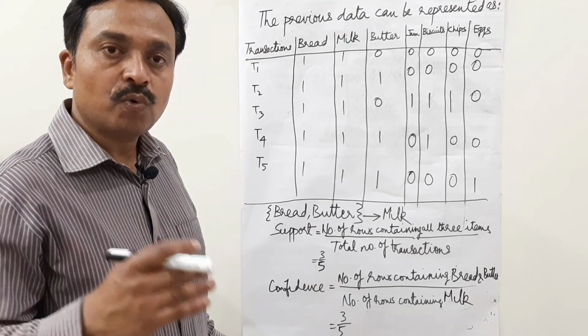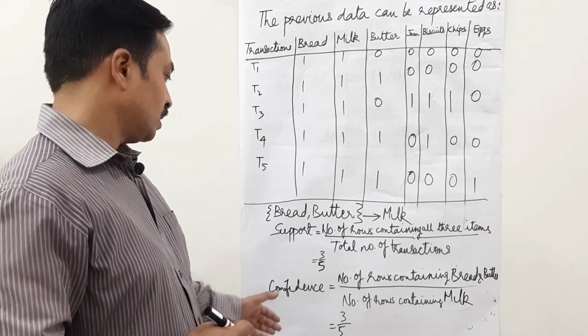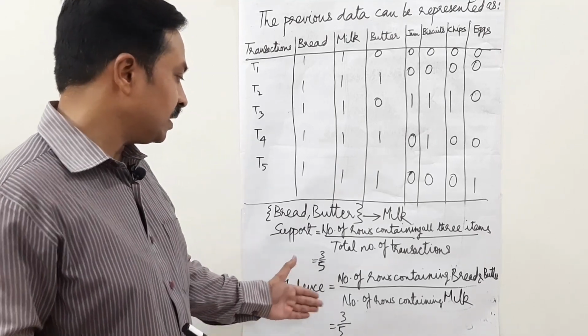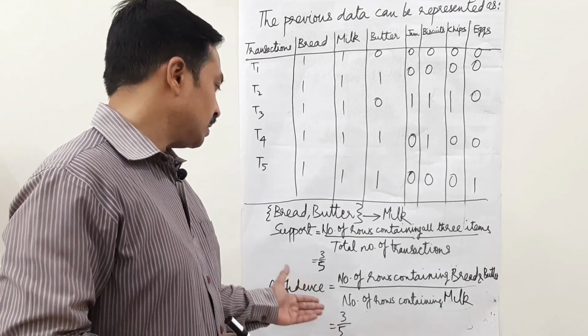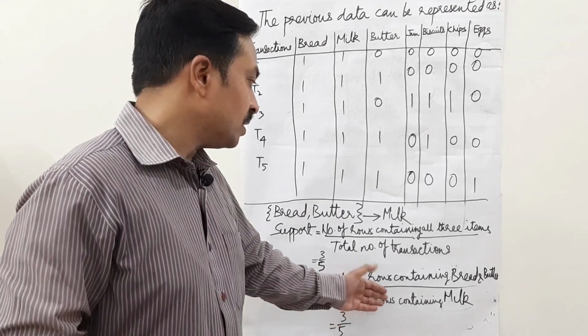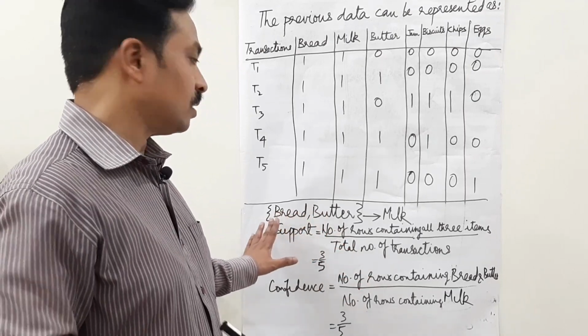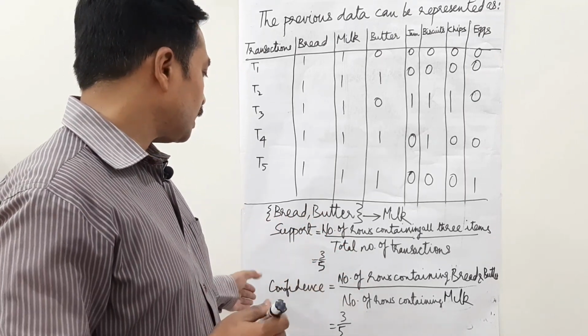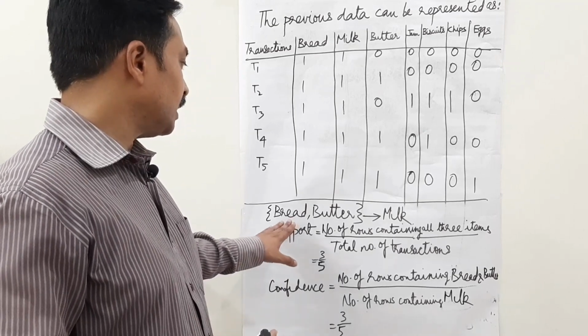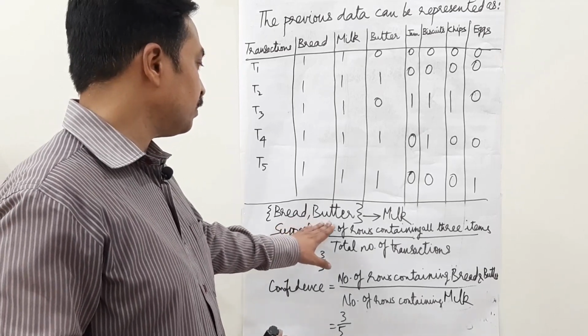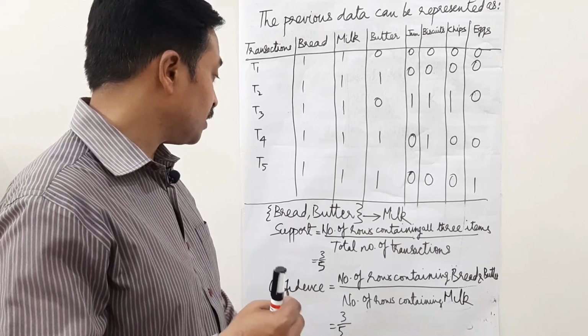Now let us see what we mean by confidence. Confidence can be expressed mathematically as the number of rows containing bread and butter. Now we are calculating the confidence that a person purchasing bread and butter would purchase milk at the same time.